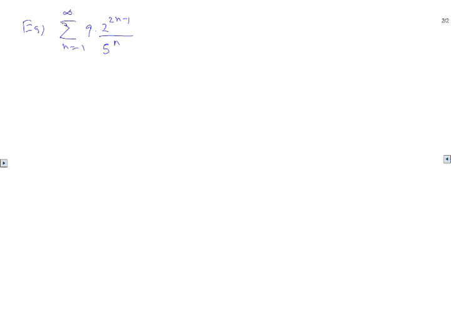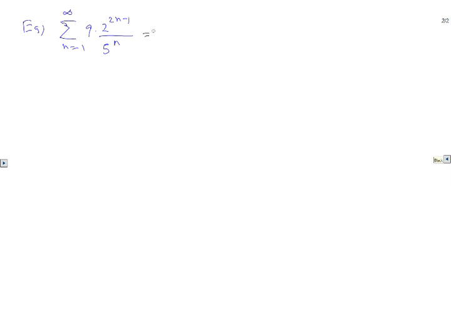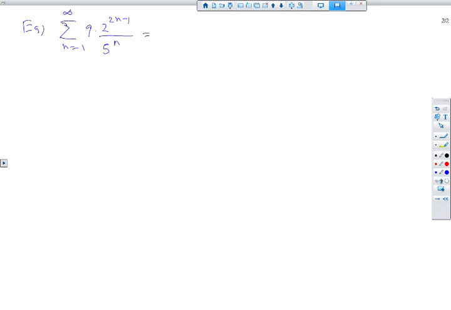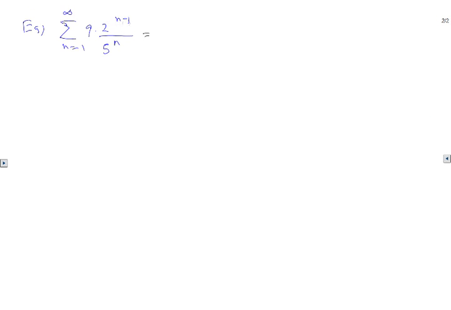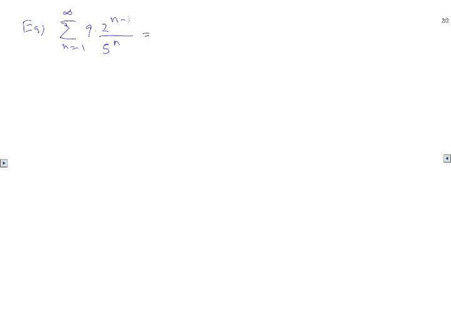So if you get something like that, what we need to do is find r. We're going to take the constant term out and have a common index. Actually, this is not quite what I want, so I'm going to slightly change the number, because there's an extra in there. Let's change it to 2 to the n minus 1. This is a little bit easier, but we can do the previous one also, and that's a good problem if you want to try it. But let's do this one.